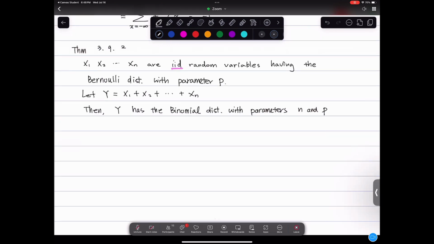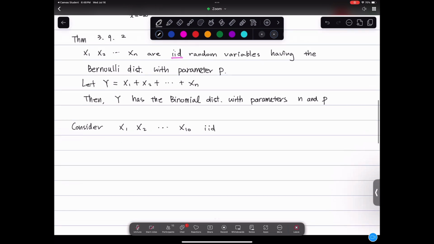So let's consider the following, a simple case. Let's say we have X1, X2, X3, and so on, let's make 10 of those. They're IID. Each one of those, Xi, is either 1 or 0. If it's a success, for example I pick an item and it's defective, that's a success.